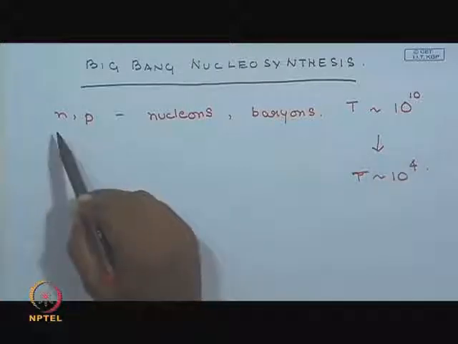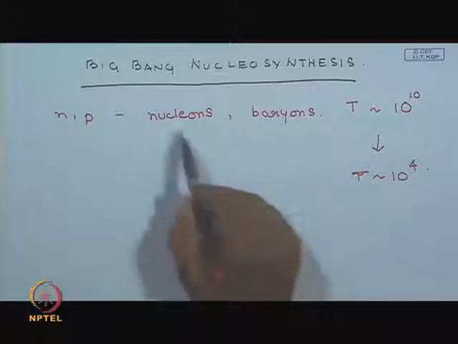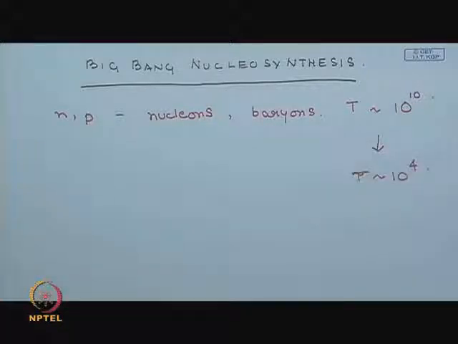Now, let us ask the question, what happens to the neutrons and protons, the nucleons, in this epoch? We know that there are several reactions which can convert neutrons and protons. Let me outline these reactions on another sheet of paper.